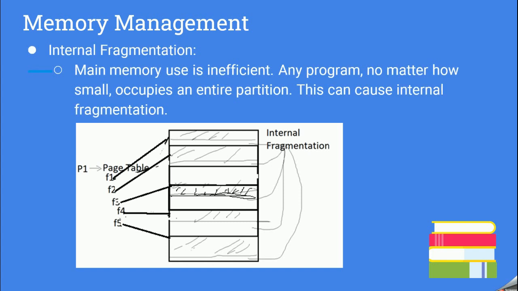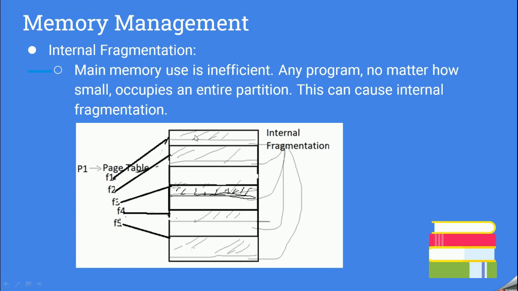Okay, internal fragmentation. For example, if we have a process P1 and we have a page table for that process, and this process contains 5 frames, so these are the page table entries and these are the frame numbers. Every frame number will have a pointer to the main memory.